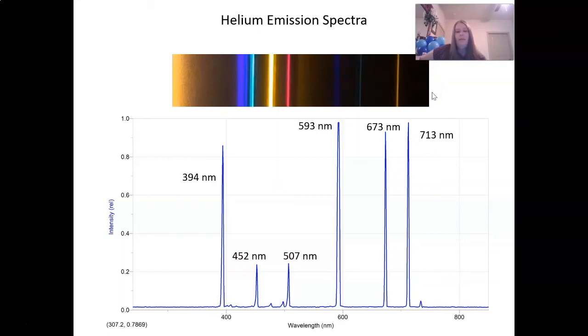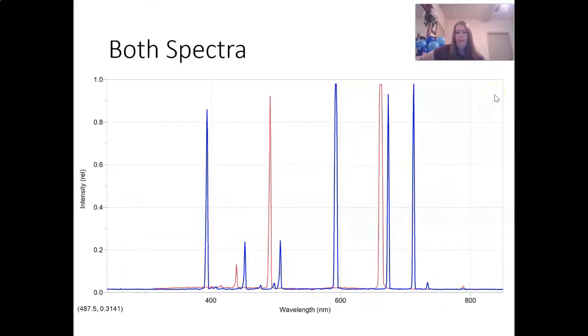And what you see in that sort of situation, simplified for our equipment, of course, because we don't have something that covers lots and lots of wavelengths of light. But in this case, this is both spectra overlaid. And so you can see the red spectra for hydrogen is similar. There's the red line and the teal line.